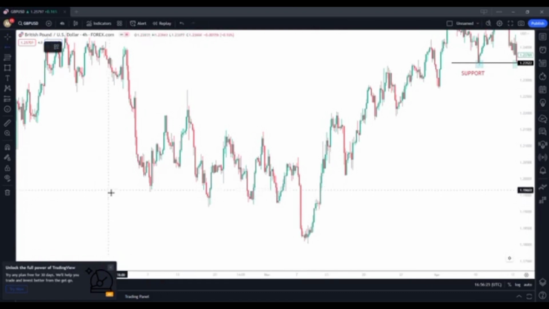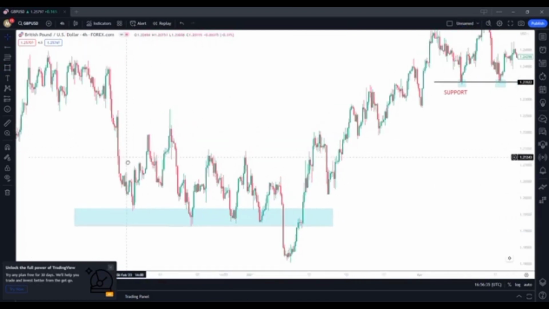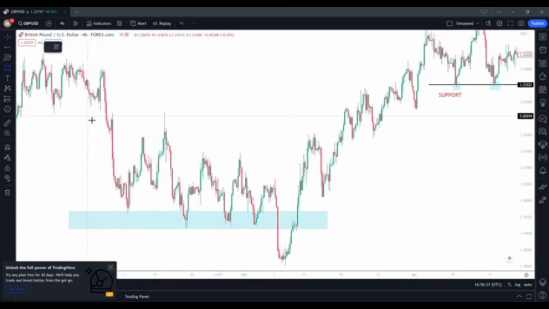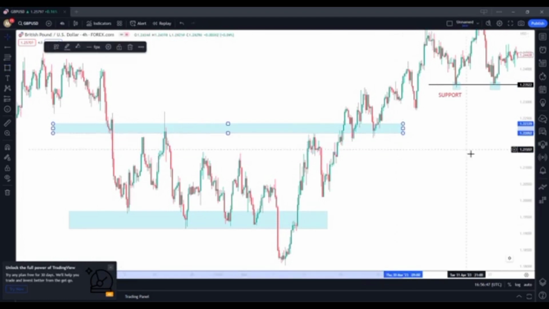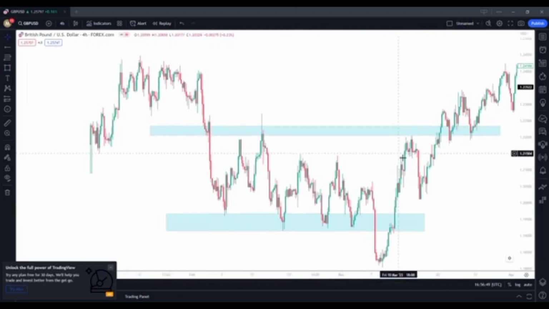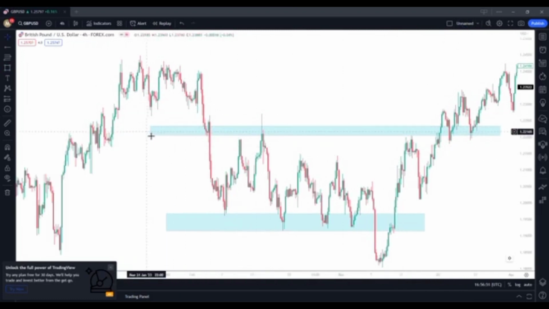So let's look for other areas. I think I'm seeing one here. Let me use a rectangle now to show us. One thing about support and resistance is that they are not lines, they are zones, areas where the market has every likelihood of rejecting.